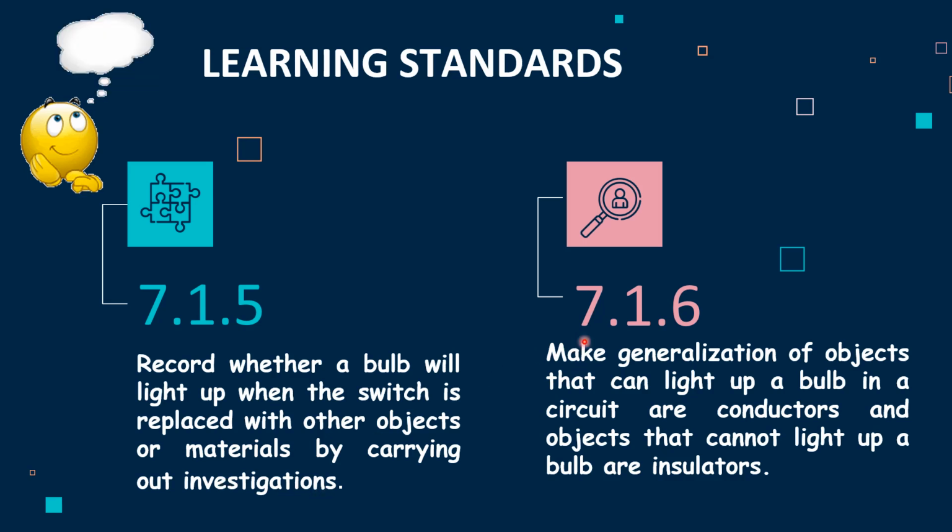And 7.1.6, make a generalization of objects that can light up a bulb in a circuit are conductors, and objects that cannot light up a bulb are insulators.